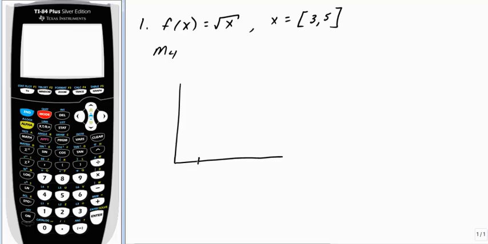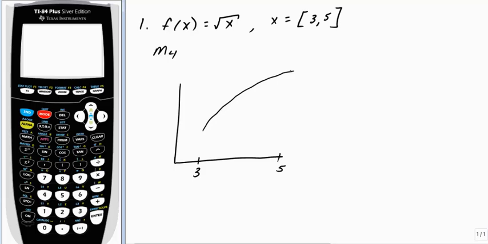I'm going to start at 3 and end at 5. Now obviously the y value at 3 is the square root of 3 and the y value at 5 is the square root of 5. I'm going to show quite a bit of difference in those values here just to make it easier to graph. Okay, so here's my square root function from 3 to 5.